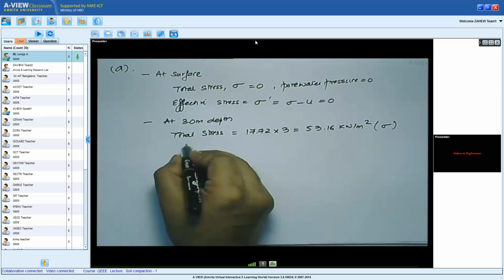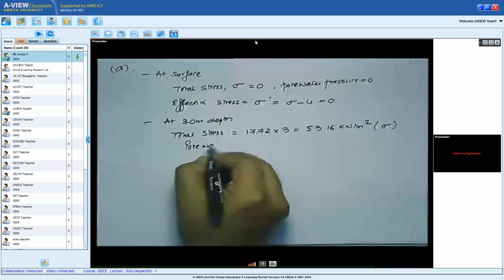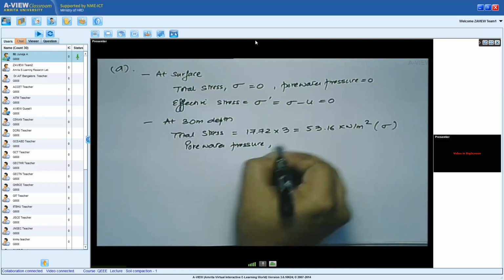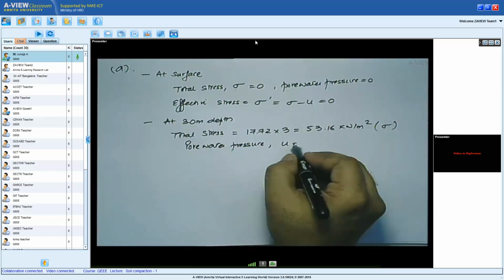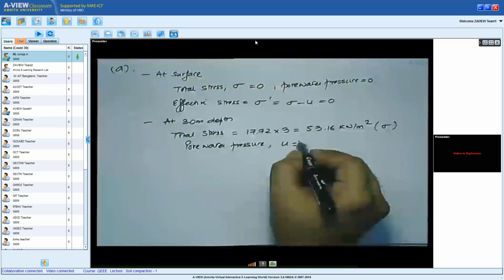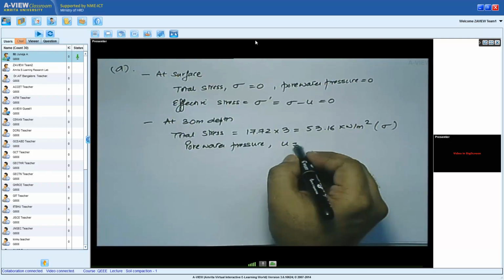What about the pore water pressure? Now at 3 meter depth we are at the phreatic surface, and at the phreatic surface we say the pore water pressure is 0. It balances the atmosphere, so the gauge pressure is 0, and we use the gauge pressure for our engineering practice.